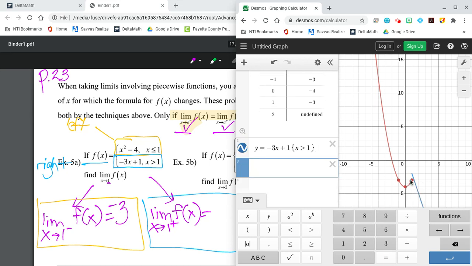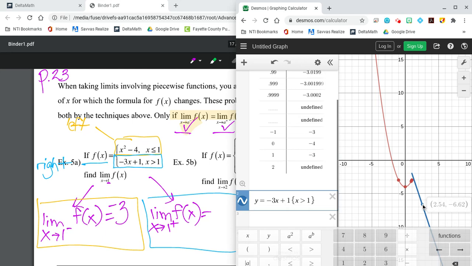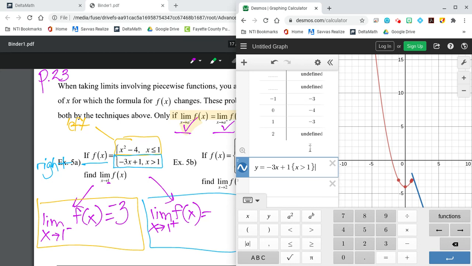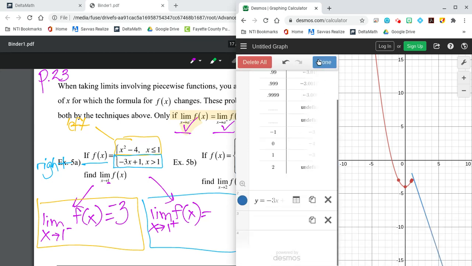And then I can see that this graph is disjointed, but if I approach 1 from the right, the y values are getting really close to -2. And then I can double check that if I want by clicking the gear, pull up a table.